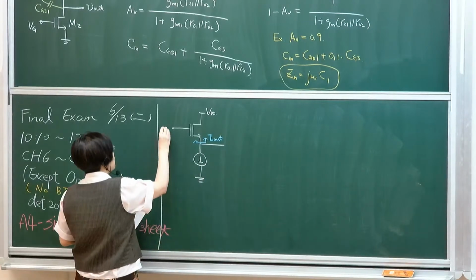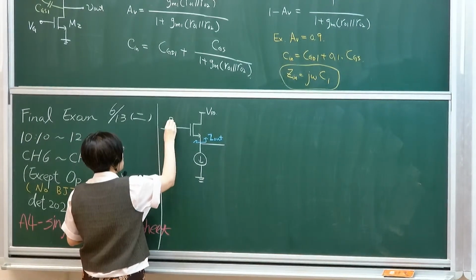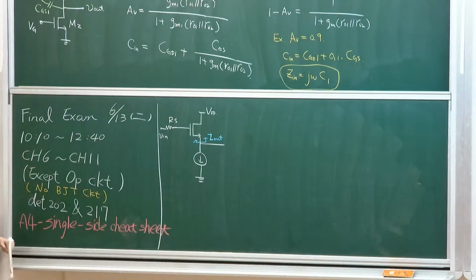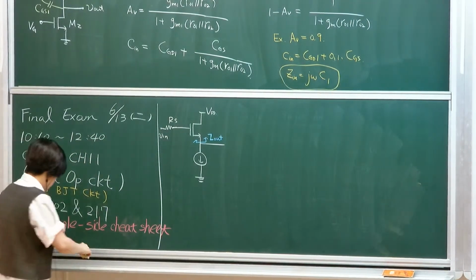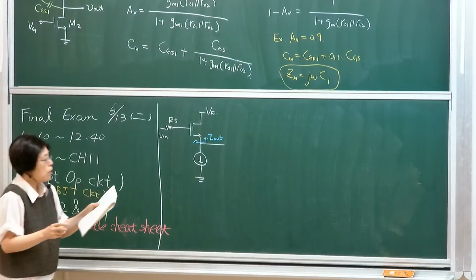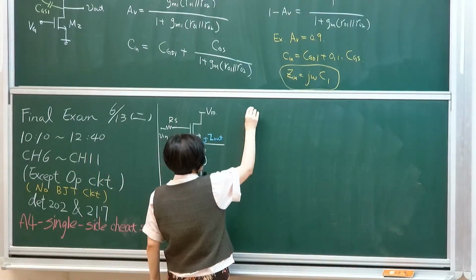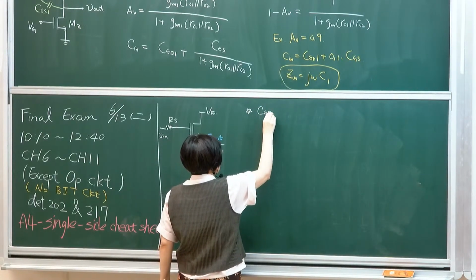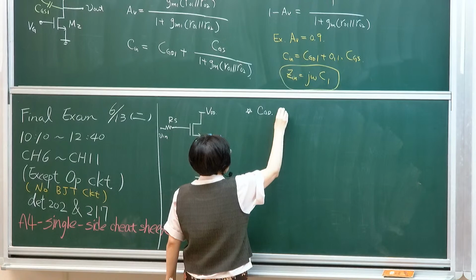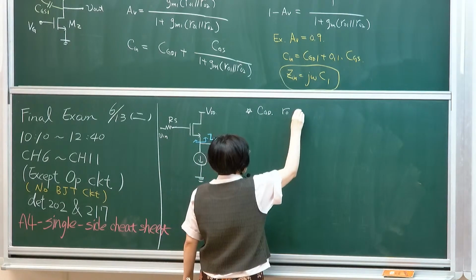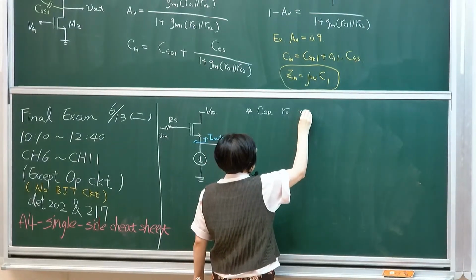And for this analysis, I need to add a source resistance at the input terminal, just to get a benchmark at a high frequency state, because we'll see why. As in our previous discussion, we're going to assume CGD and RO can be ignored.